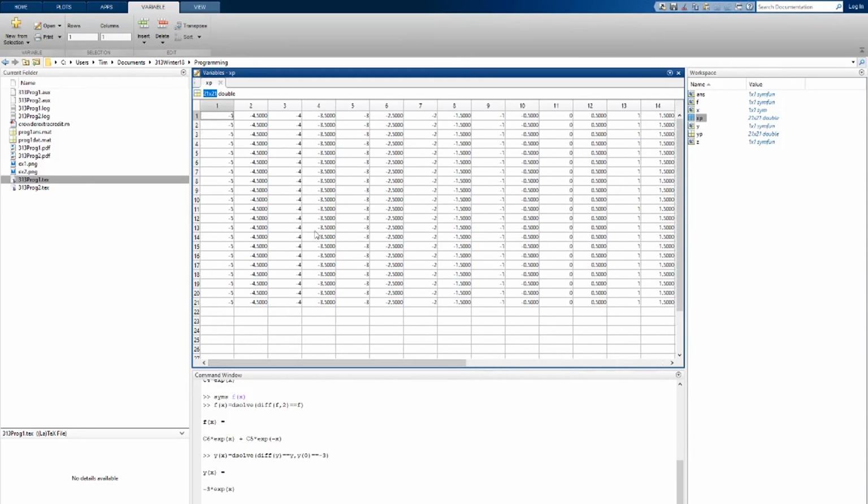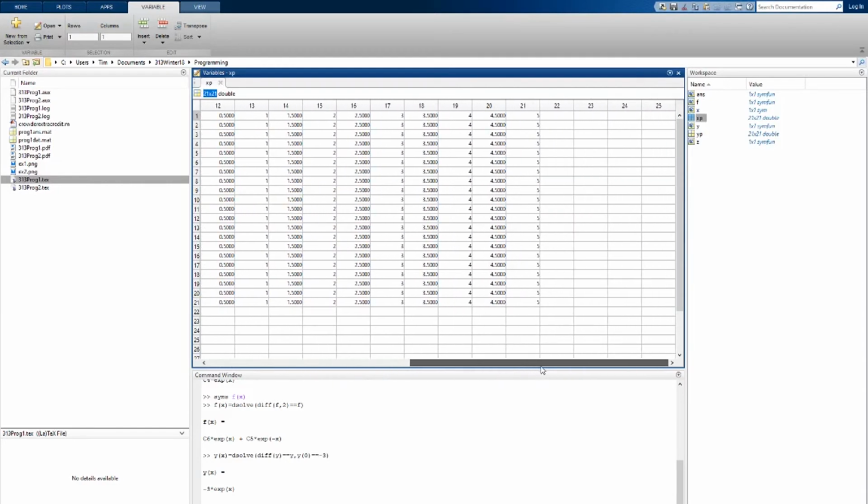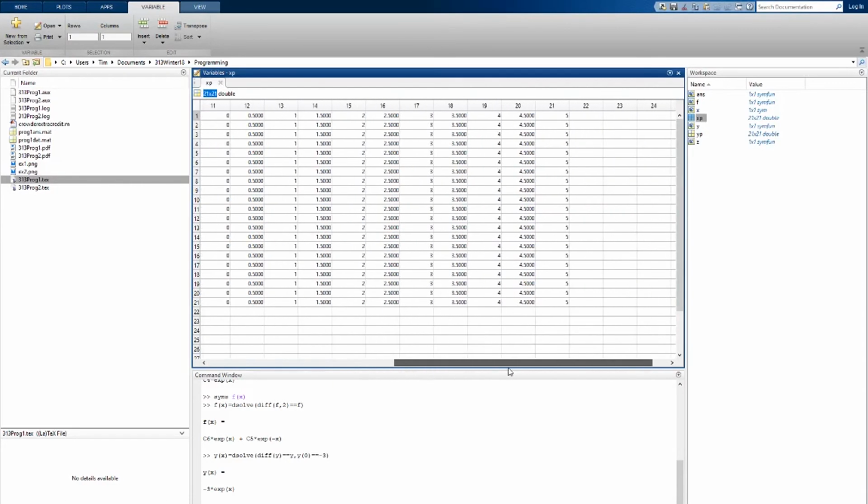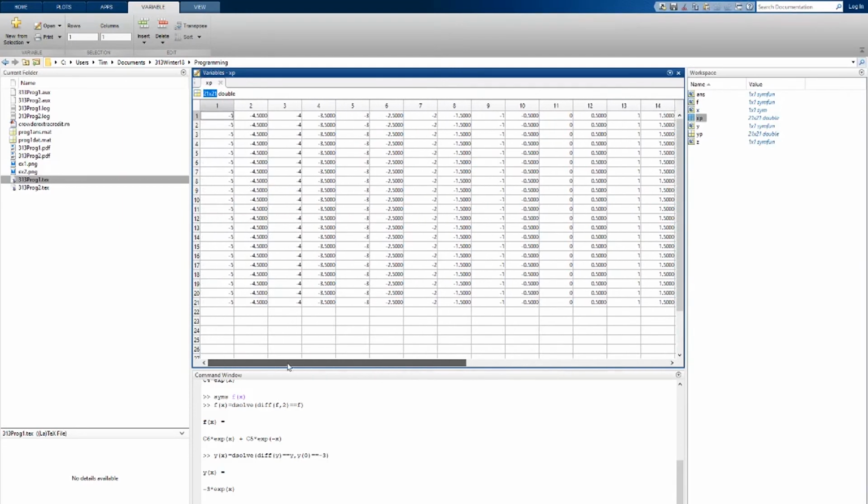The reason for this is XP is going to be the x values from -5 to 5 with increment 0.5. So, on the far left, I have x value of -5, and then I go up to -4.5, and then -4, and so on. So these are all x values. And when I think about the open rectangle, -5 to 5, -5 to 5, as you move up and down in the y direction, the x value needs to stay the same.